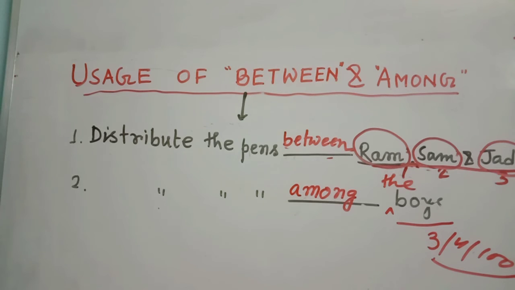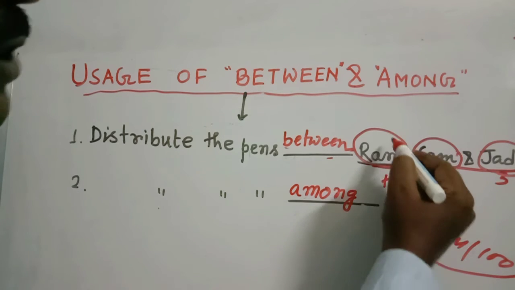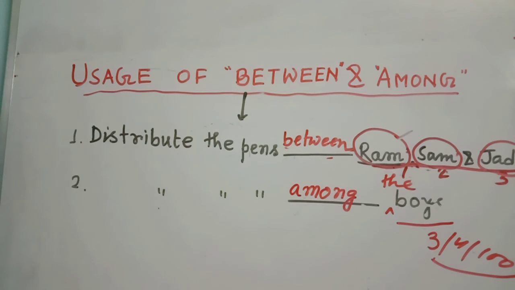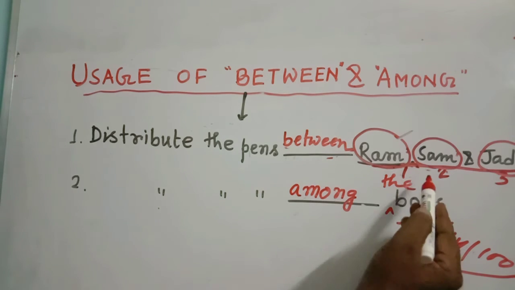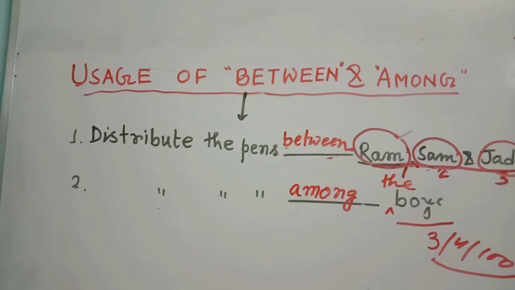The main fact is that if these nouns are individuals, or if the nouns are single, or if the nouns are clear to you, at that time we have to use between. No need to think about how many persons there are, 2, 3, 4, 5. It's not so important.